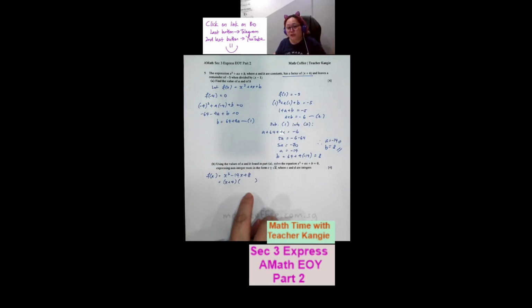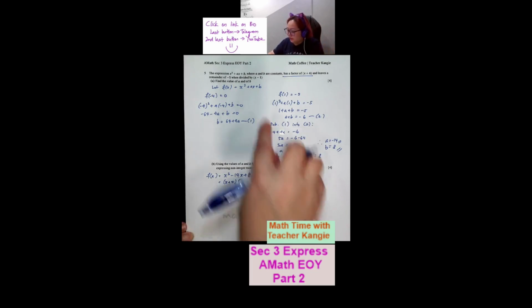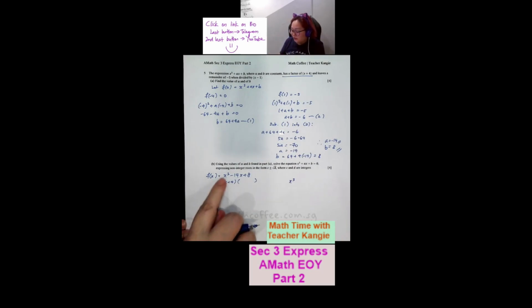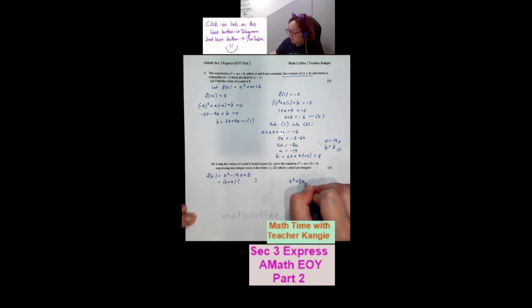To find the quadratic factor, you need to do long division. Just take x cubed, take note: x cubed is straight away jumping to x, correct? There's a missing term. So when there's a missing term, please remember to put 0x squared. Then you put minus 14x plus 8. Then you divide it by x plus 4.